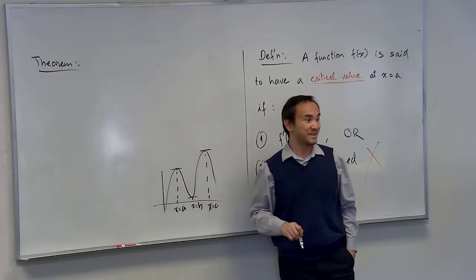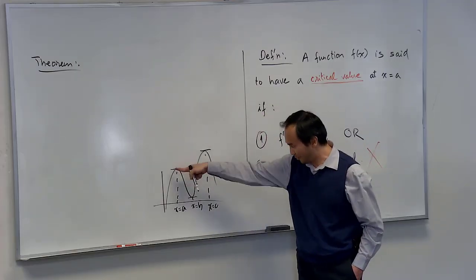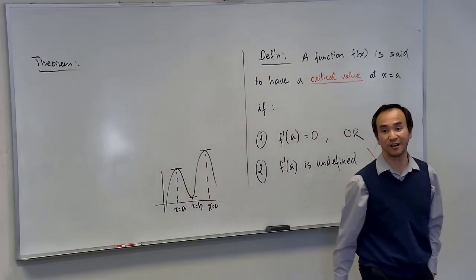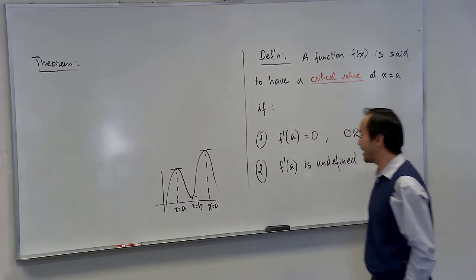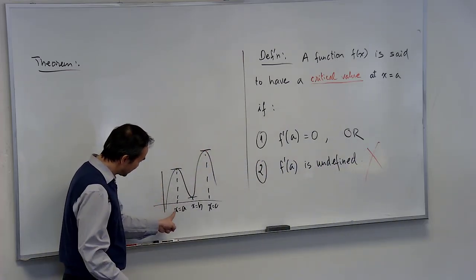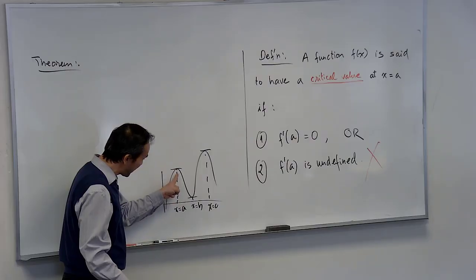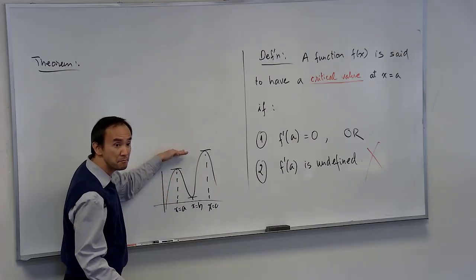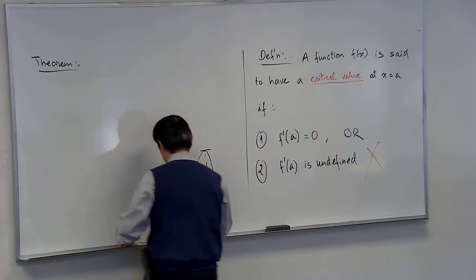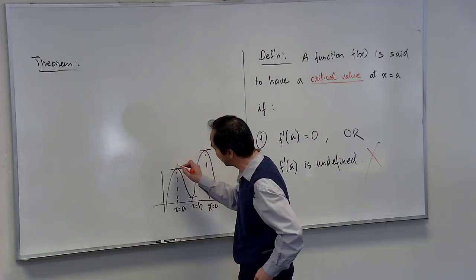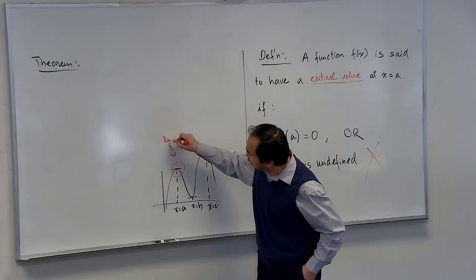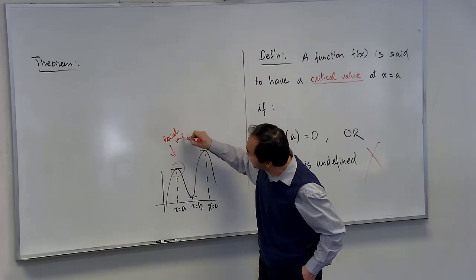You guys follow? And then we formally call them critical values, and we did the example just now to find those. Now the observation is that at some critical value, our function hits a max. Precisely speaking, according to the definition we have already learned, this max is a local maximum.